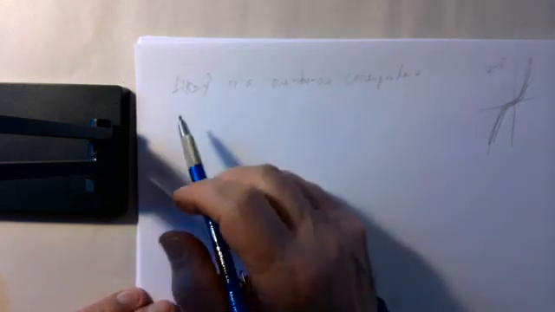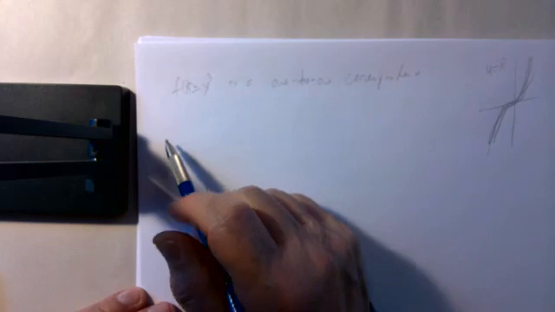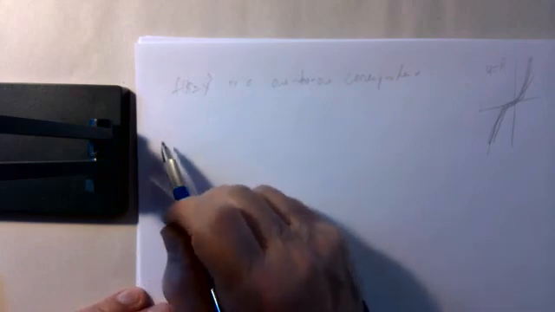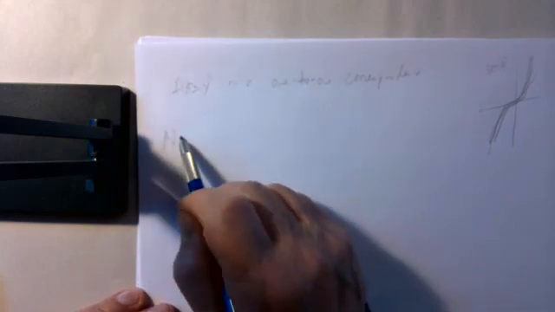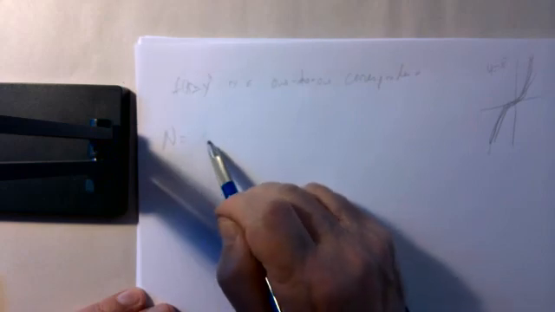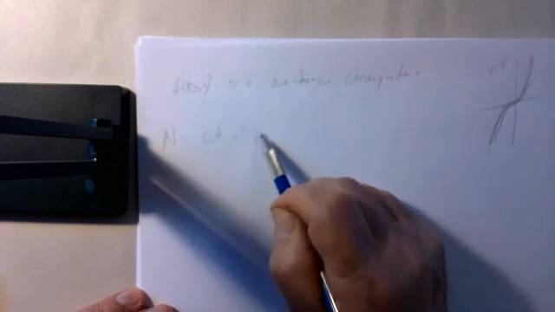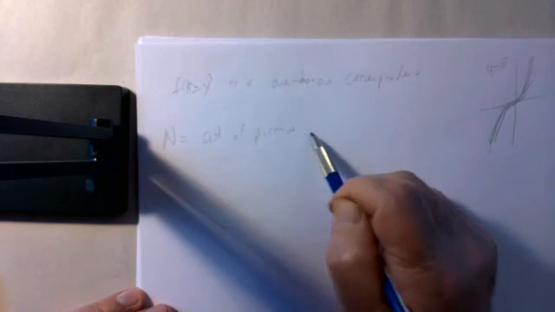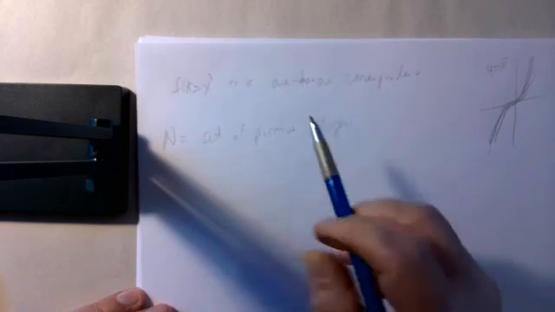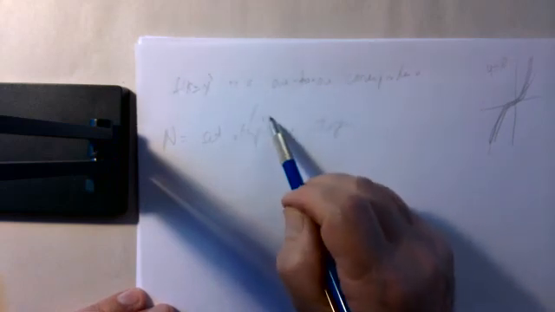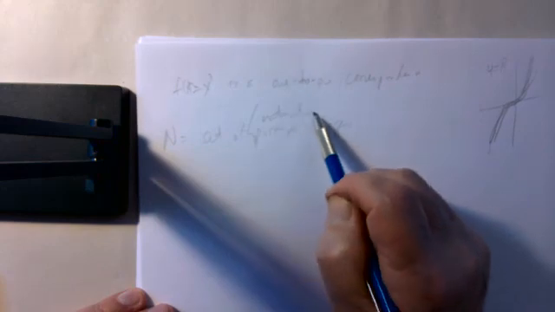I defined the integers and I discussed the integers. The positive integers, N, is the set of positive integers, which are also called the natural numbers.